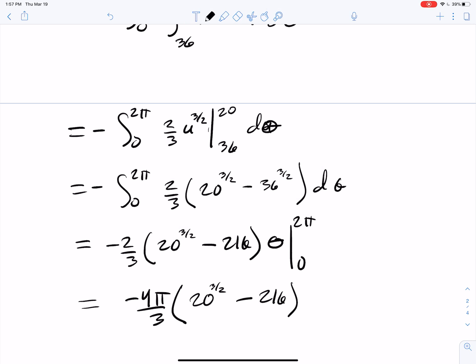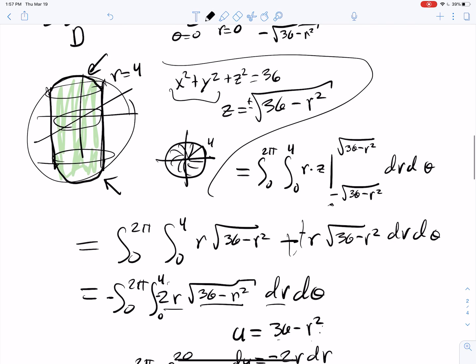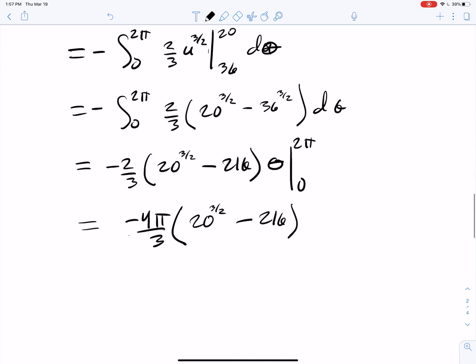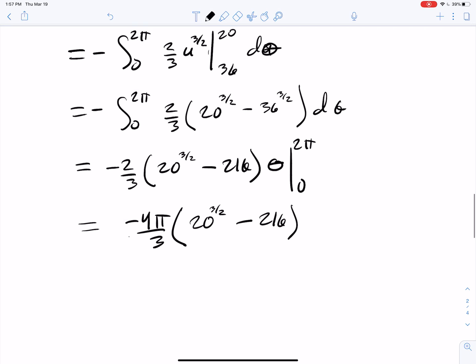And I think 216 is bigger than 20 to the 3/2 power, which makes the inside negative, and that's negative, so the volume should be positive. And if we check back up, do we get that?